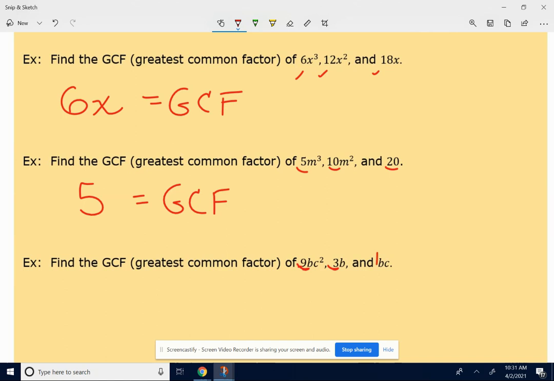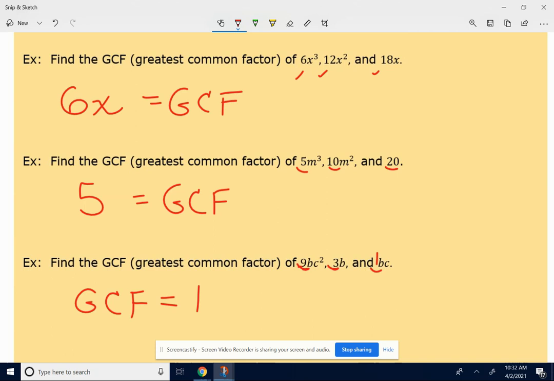It's really a 1. There's a 1 sitting in front of bc. So we want the greatest number that will divide evenly into 9 and 3 and 1. That's 1. 1's the largest number that will work. So the greatest common factor is 1.